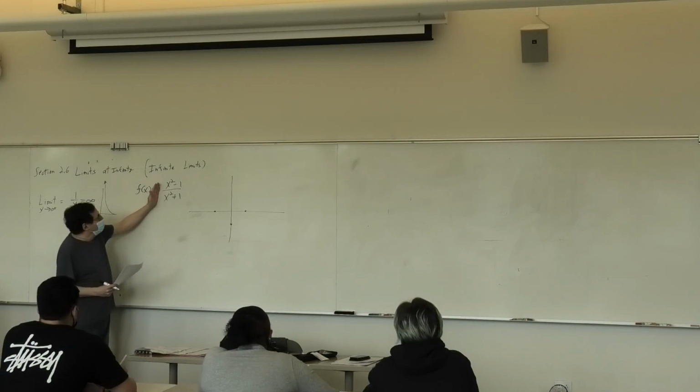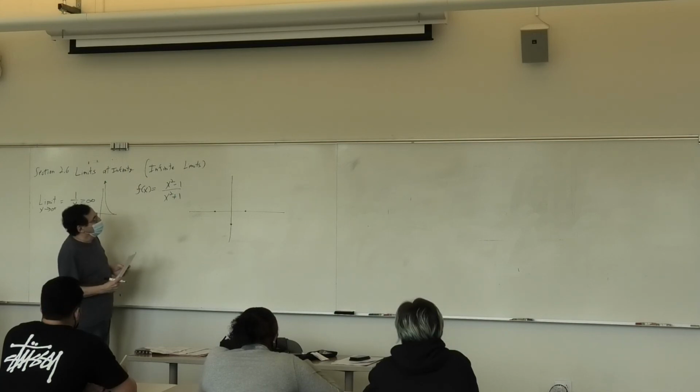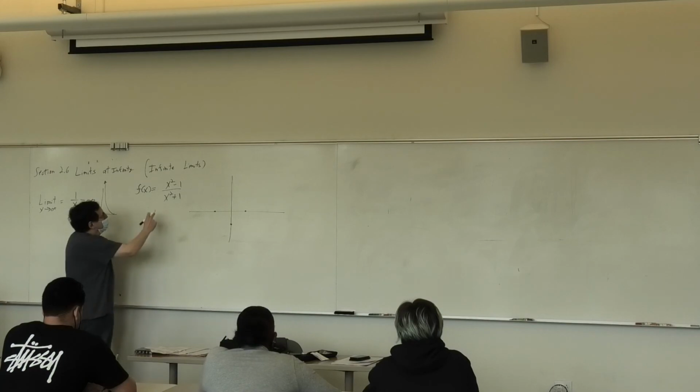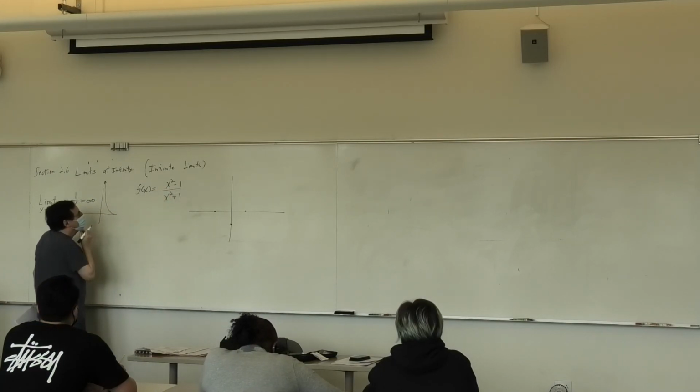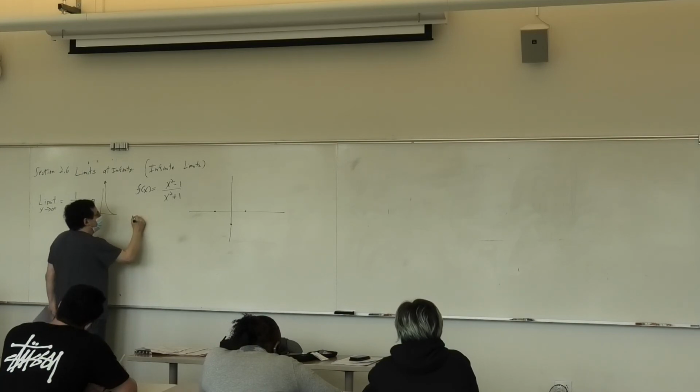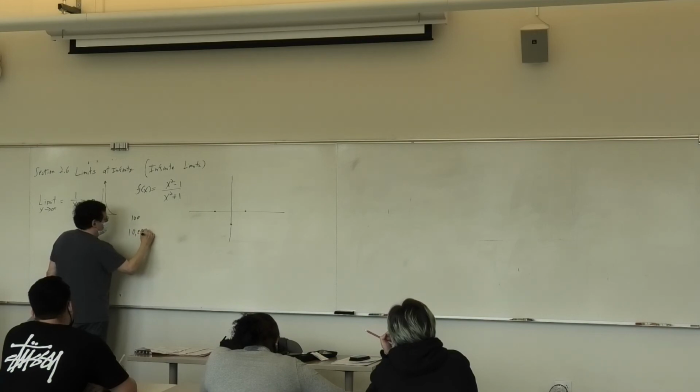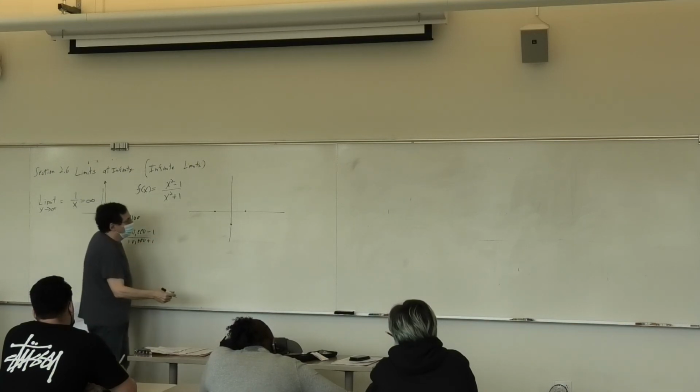What happens when x gets very large? Well, we can put in a big number, say 100. So now it's 10,000 minus 1 over 10,000 plus 1.